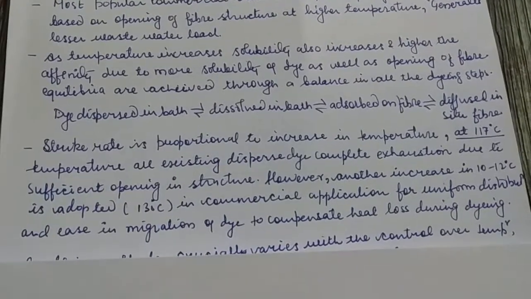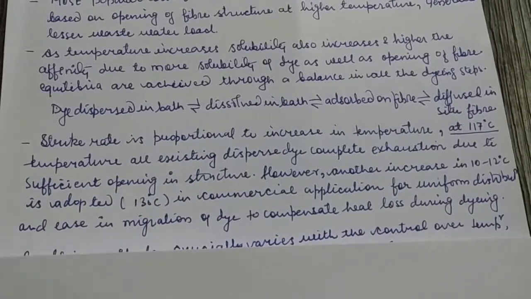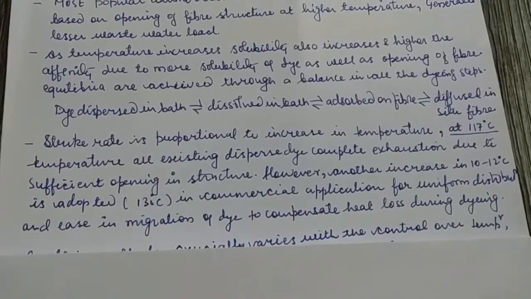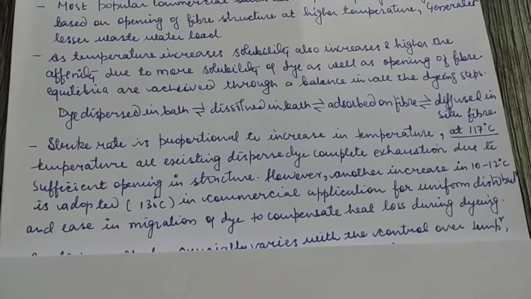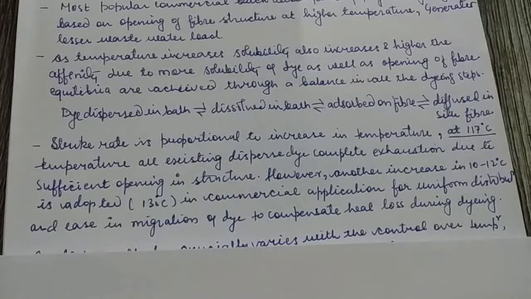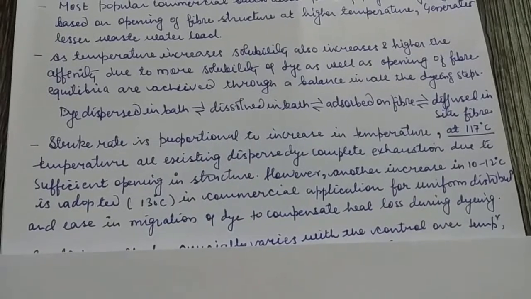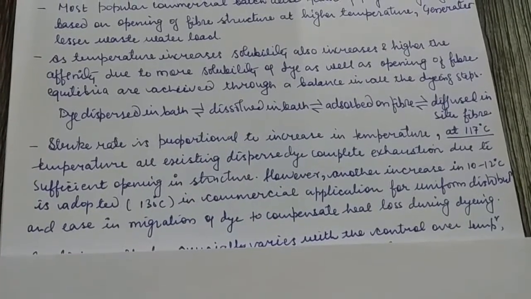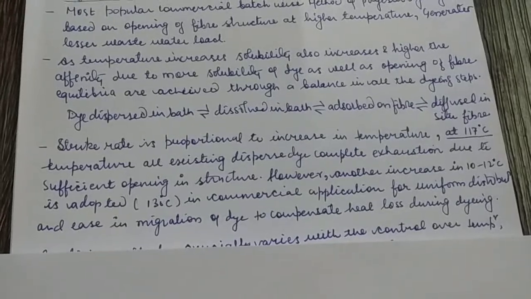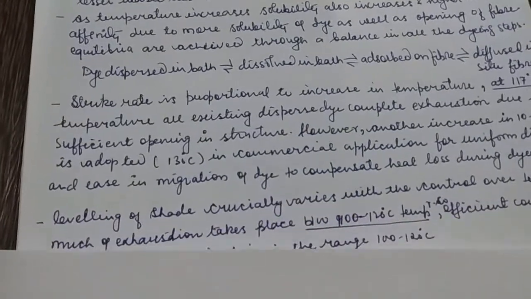And after 117 degree centigrade, we increase 10 to 12 degrees further to ensure uniform distribution and ease in migration of dye, to compensate for heat loss during dyeing.